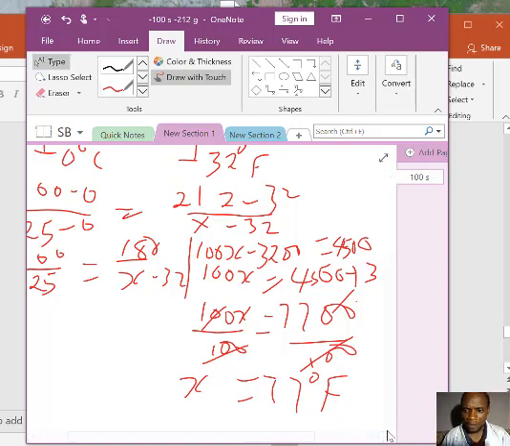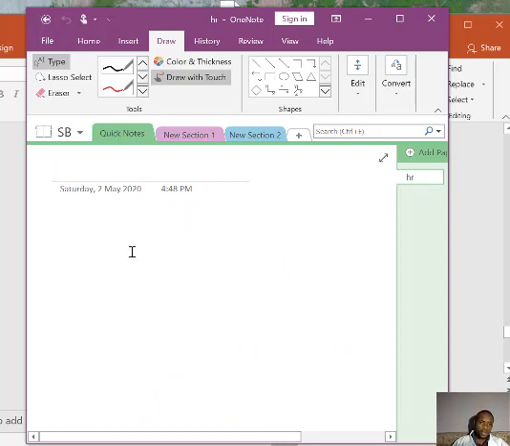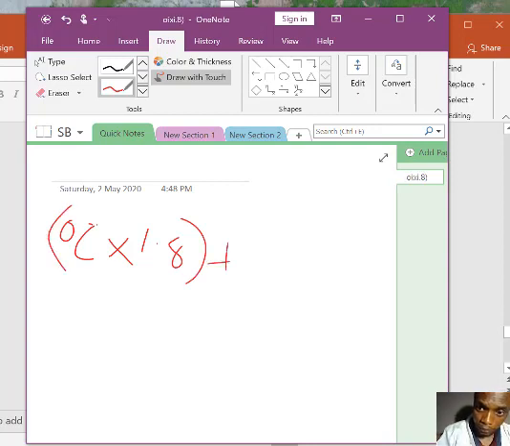But we have a shorter way of answering this in case we have JAMB questions. You can easily use a very simple method, simply by saying your degrees Celsius times 1.8, then plus 32 will give us degrees Fahrenheit.